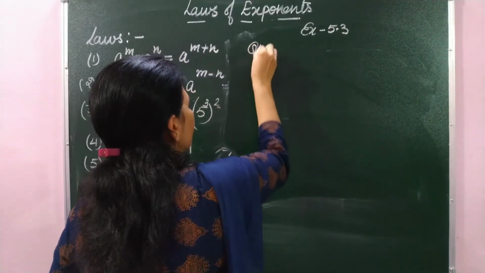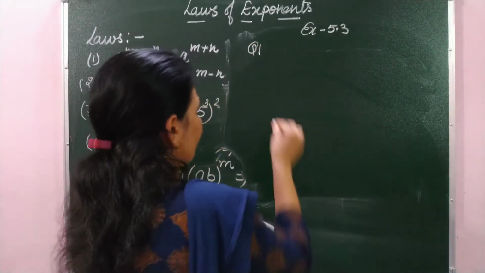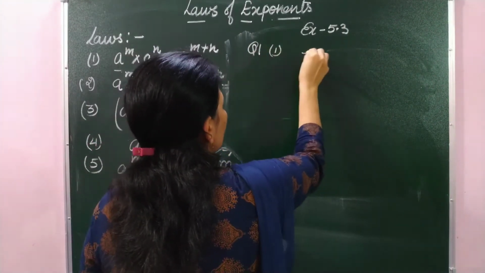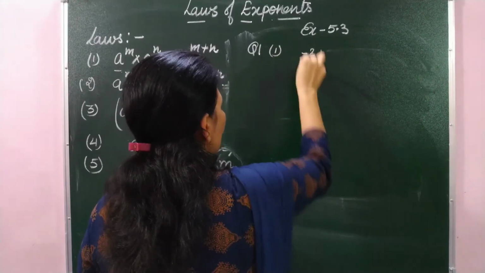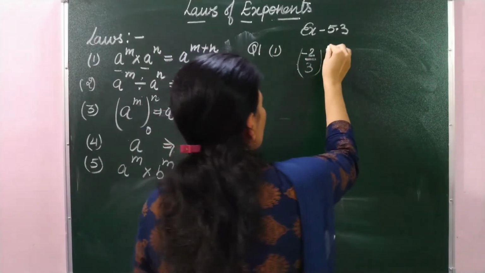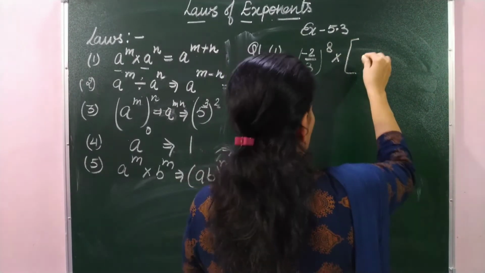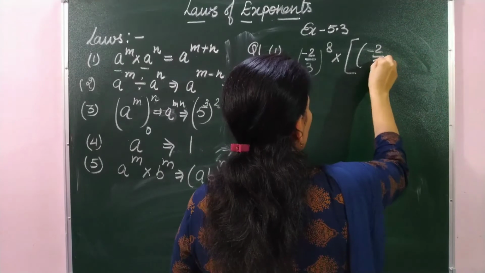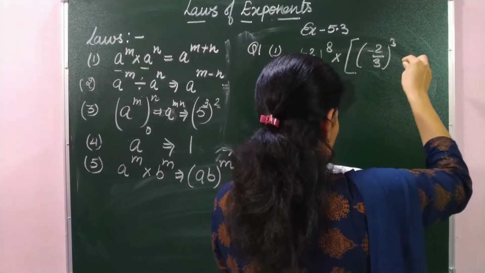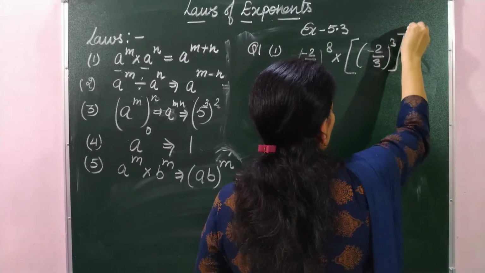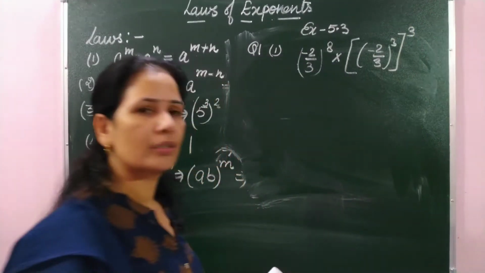Question number 1. The first part I am taking is minus 2 by 3 whose power is 8, then multiplied by, in brackets, minus 2 by 3 raised to the power 3, then bracket closed, again power 3.